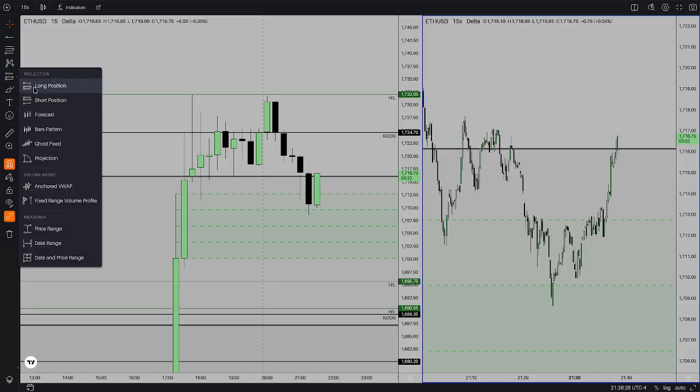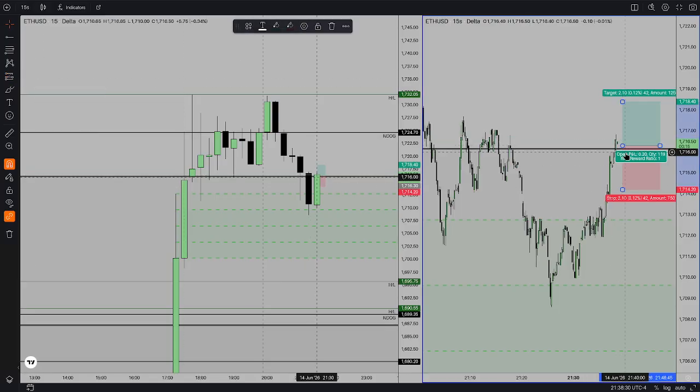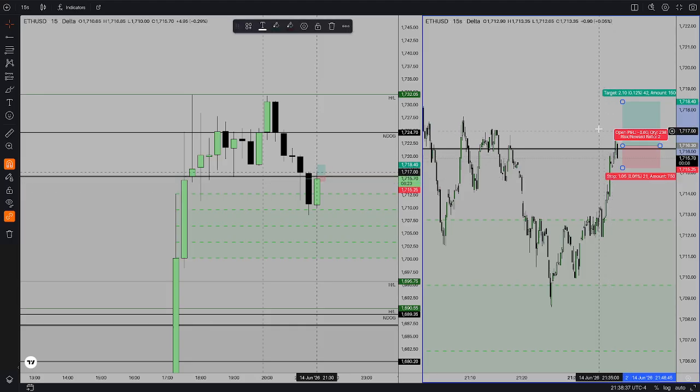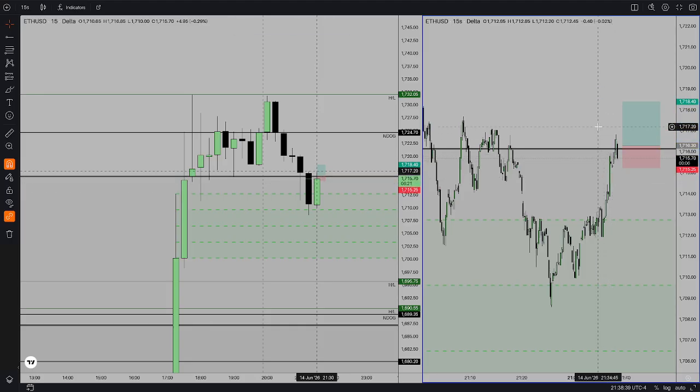Let's buy, and I'm going to keep my stop there. I want to see it react immediately from here.